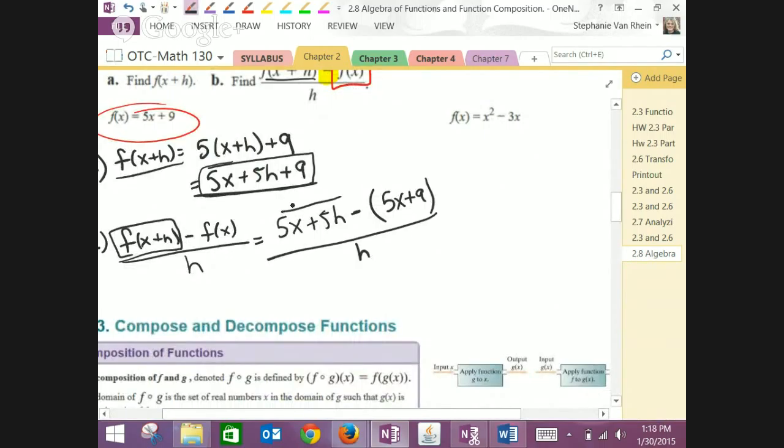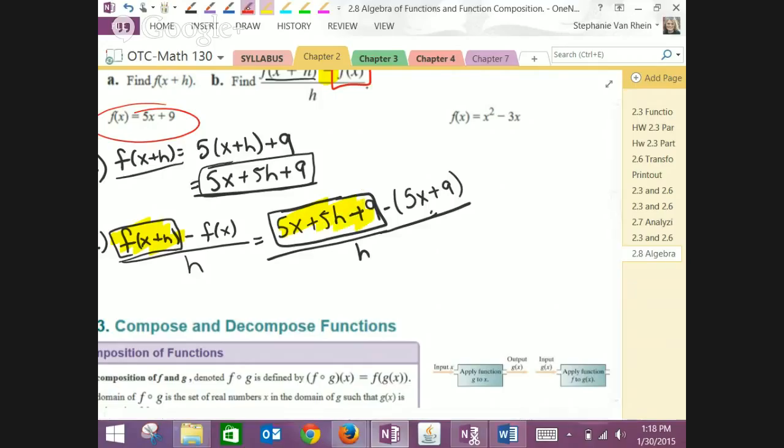Ooh, I lost my plus 9. So 5x plus 5h plus 9 minus the quantity 5x plus 9. This here is f of x plus h. This here is f of x.